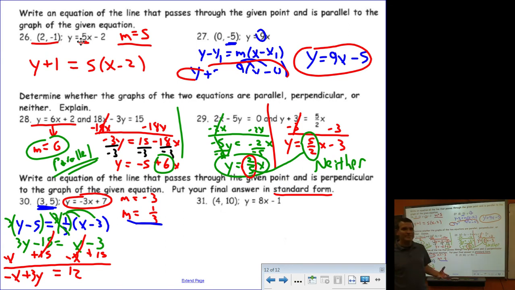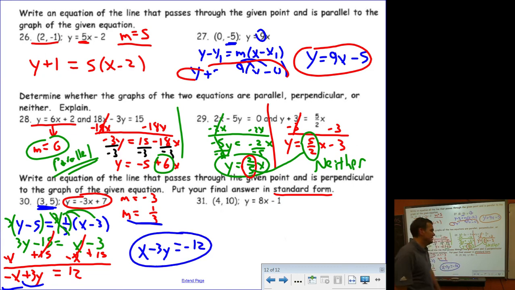So that is not quite standard form, and it's not quite standard form because I need the x term to be positive. So the last thing I would do is I'd multiply everything by negative 1, and that will change the signs. The negative x becomes positive x. The positive 3y becomes negative 3y. And that's going to equal negative 12. And now my equation is in standard form.